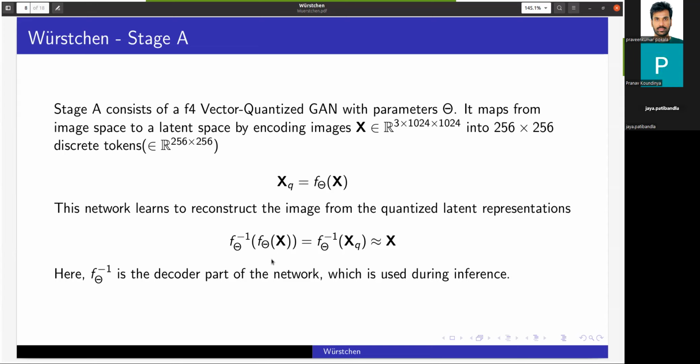Yes, sir, because to learn decoding, we also need to learn how to encode into the latent dimensional space. That is only during the training. During inference, stage C and stage B both operate in the latent space only. So when we move to stage A, it is only the decoder part.